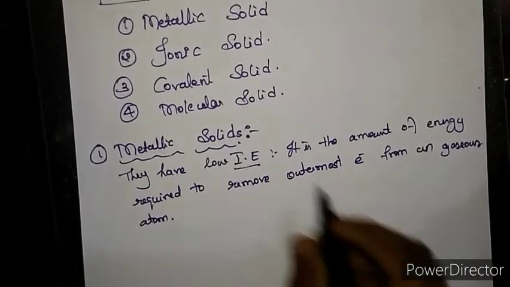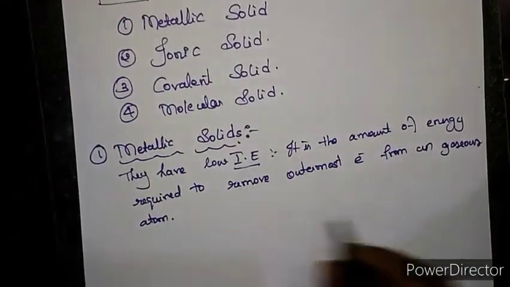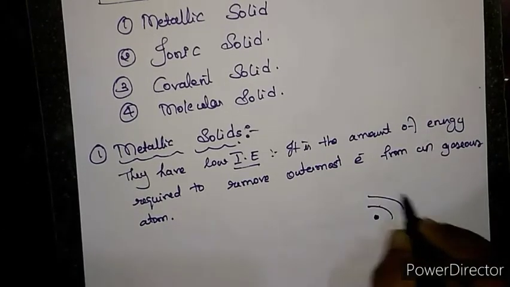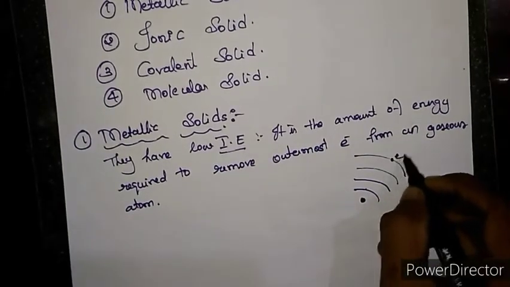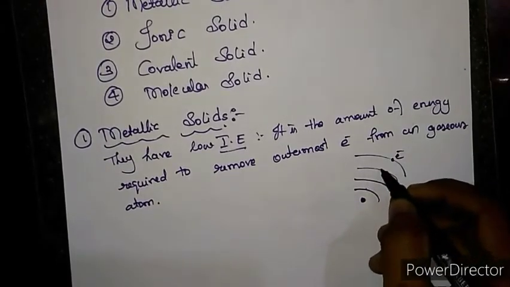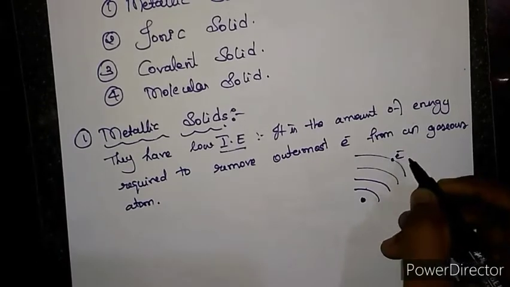Now we know that metals have low ionization energy. That means if you consider this to be the metal nucleus, and imagine these are the shells, and this is the outermost shell containing one electron. Of course, we have electrons in the inner shells also, but for simplicity I consider only the electron in the outermost shell.